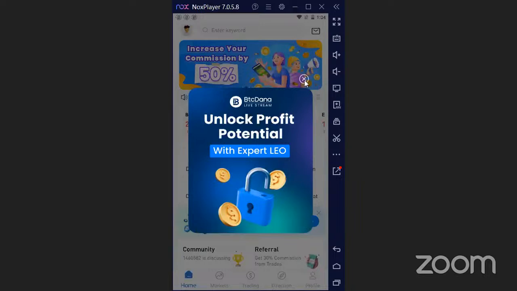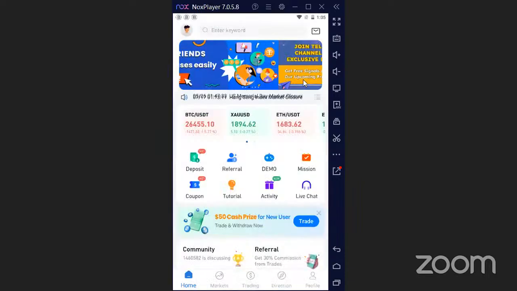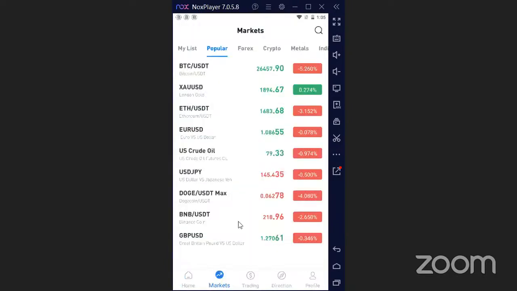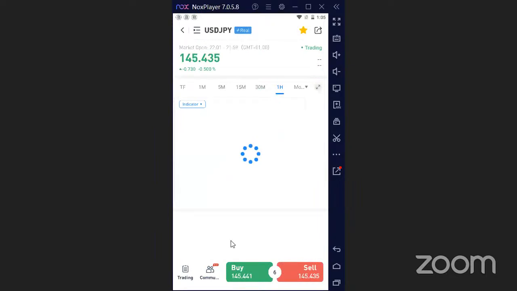Let me just go back. You can just place the buy position, then we set TP as the market is running.